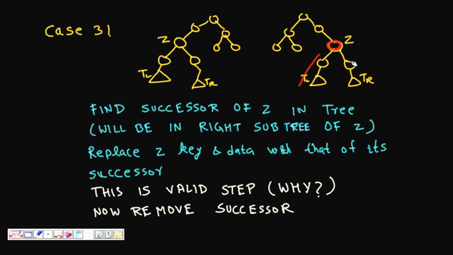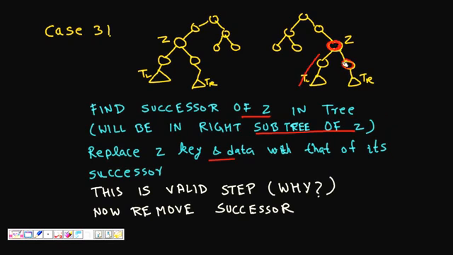So we find the successor of Z, which is the minimum value node in the right subtree of Z. The smallest element in the right subtree of Z will be the successor of Z. We replace the key and data in Z with the key and data of that successor. Why is this correct? Because this node's key is less than every other node's key in the right subtree.